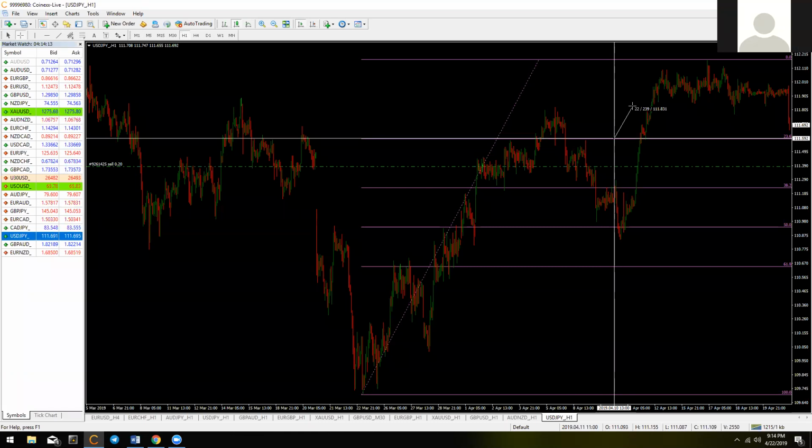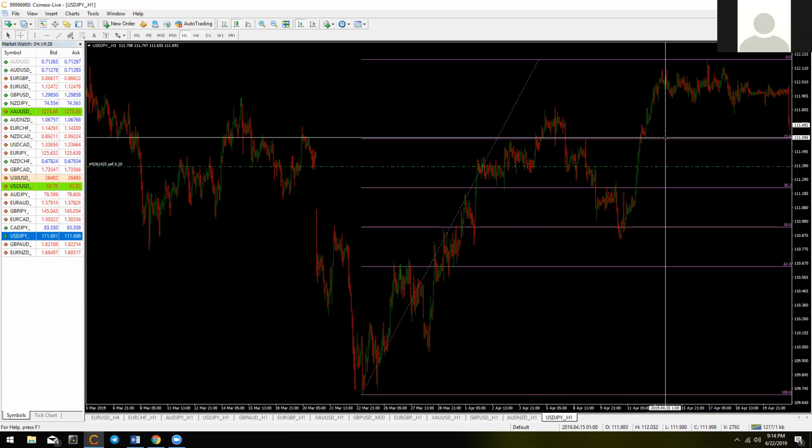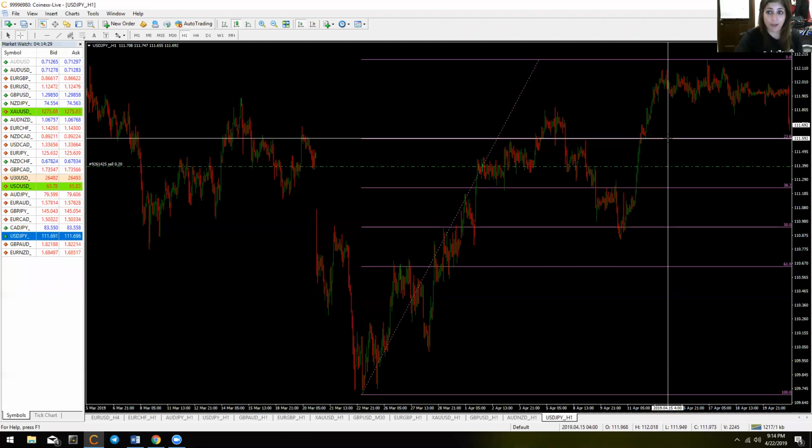But you're getting it from where, right there at the top of the candle? This little star thing, the crosshair, I'm clicking that and starting at my entry point, and I'm just dragging up however many pips I want to go, and it'll tell me exactly. Gotcha.